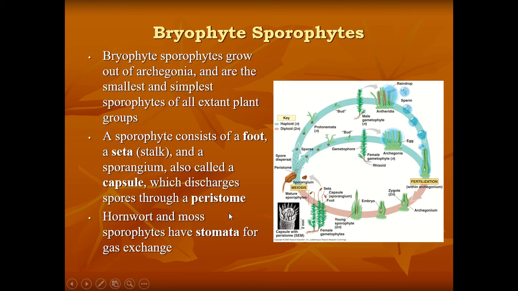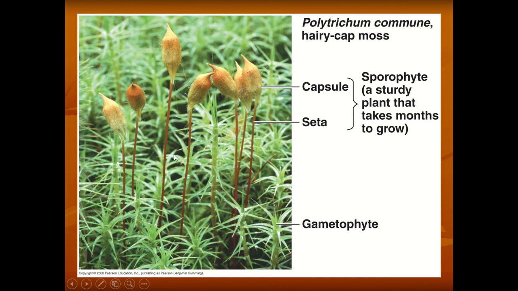The hornworts and most moss sporophytes both have small stomata for gas exchange. So here, as you can see, the foot, the seta or the stalk, and the capsule.